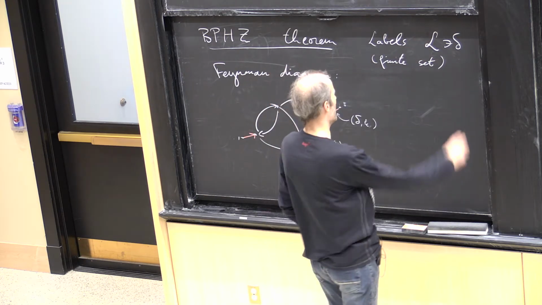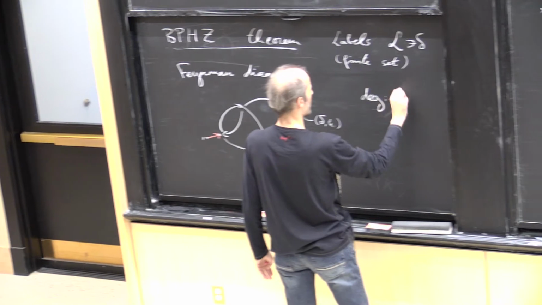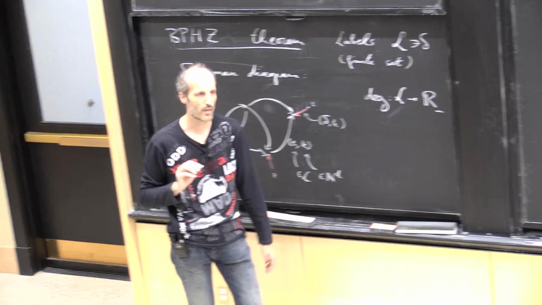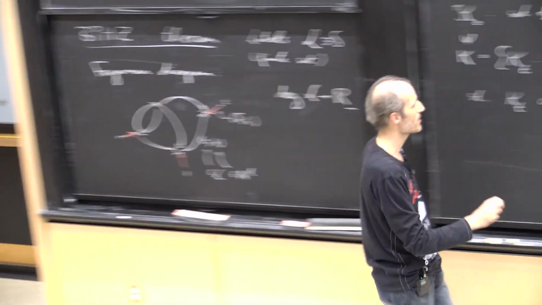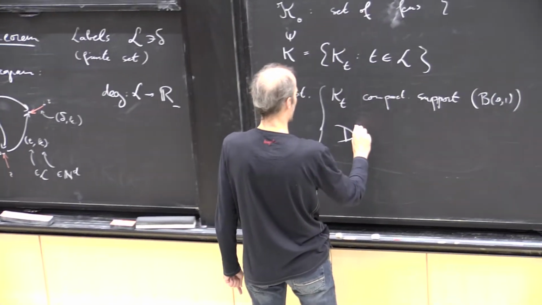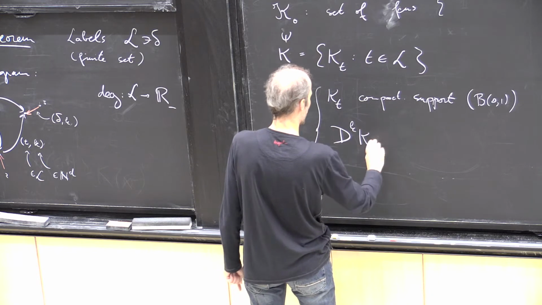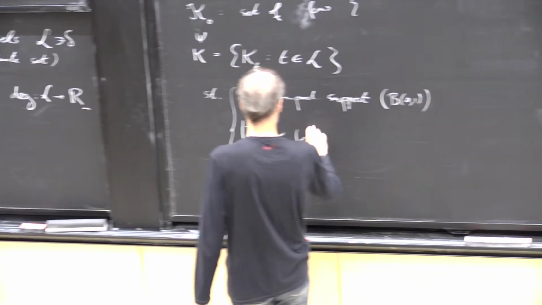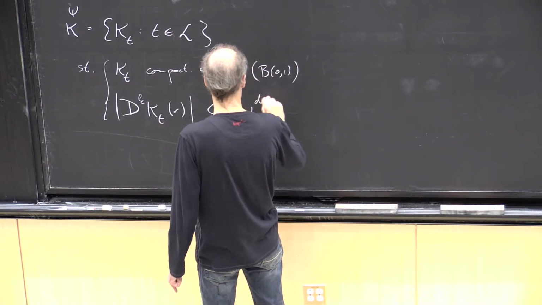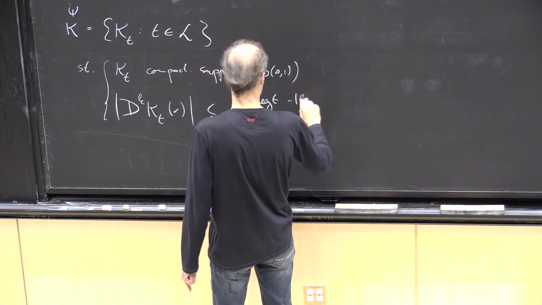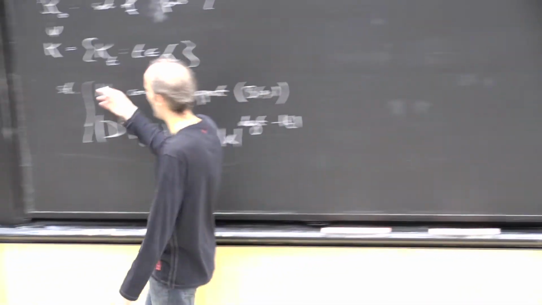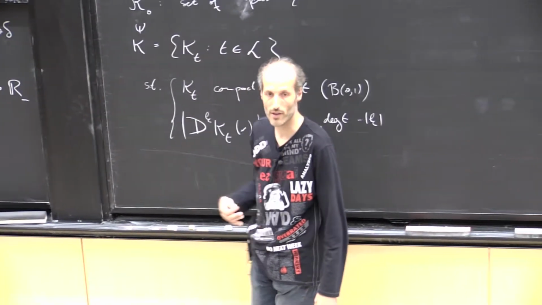So we have a degree function that goes from L to R minus, since the degrees always have to be negative here. And you want it such that any derivative of K_t is bounded by |x| to the power degree of t minus k. Basically it just means K_t behaves like |x| to the power degree of t.